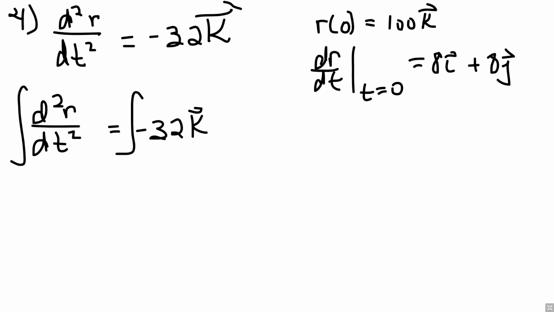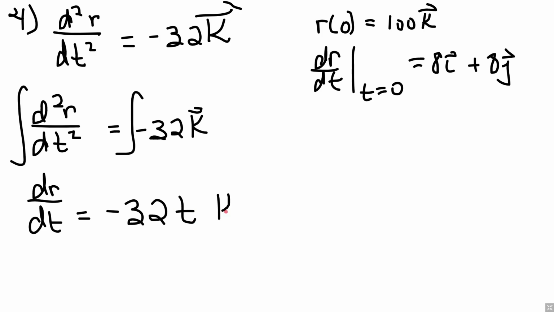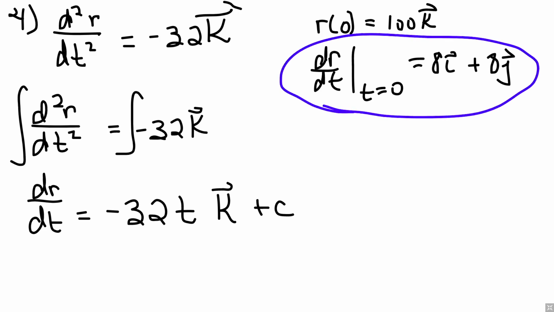So if we integrate this, it's going to become dr/dt, and this is going to be equal to negative 32tk plus c. What we're going to do first is use this initial condition.